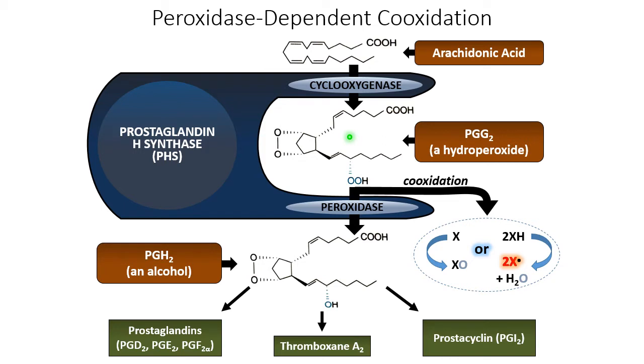The main point, though, is as the prostaglandins are produced, there's a side reaction where a xenobiotic, some compounds or some drugs, could be oxidized, or we can produce a free radical there, and that could be detrimental in some cases.